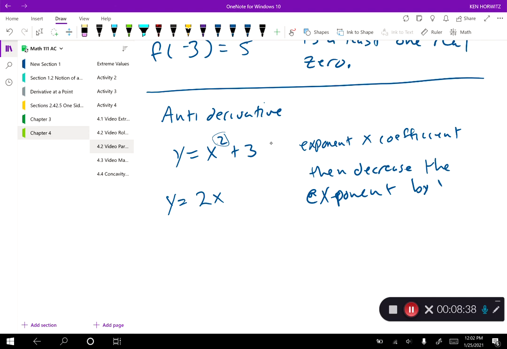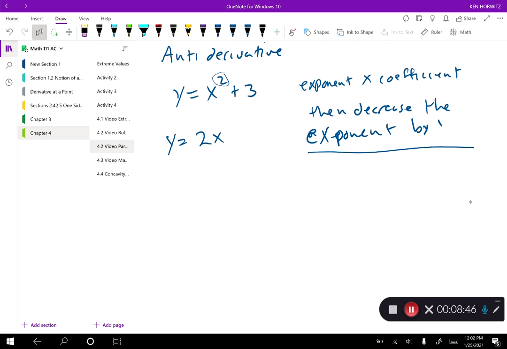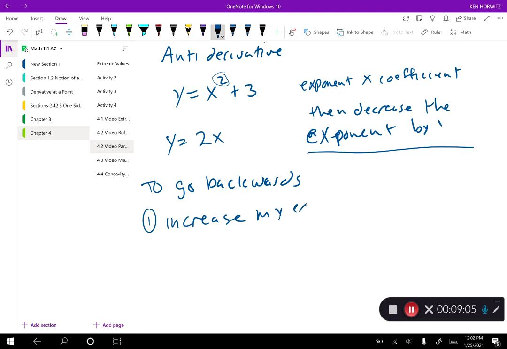Now I want to go backwards. So what's the last thing I did? I decreased my exponent by 1. So what's the first thing I want to do to go backwards? All right, the first thing I want to do is increase my exponent by 1.